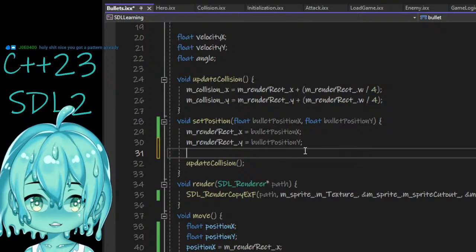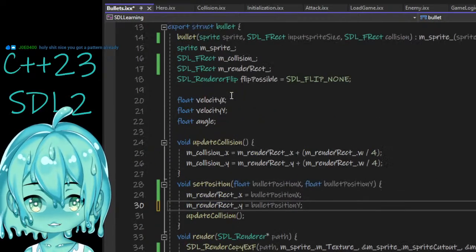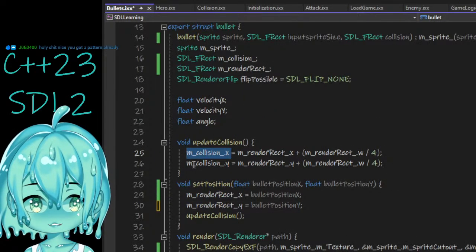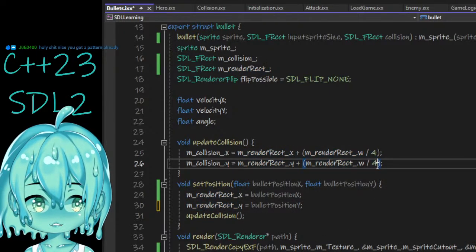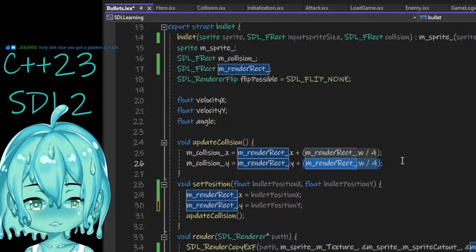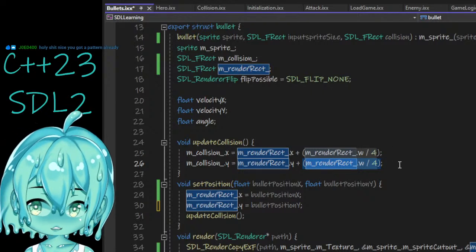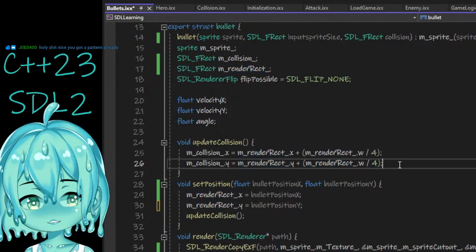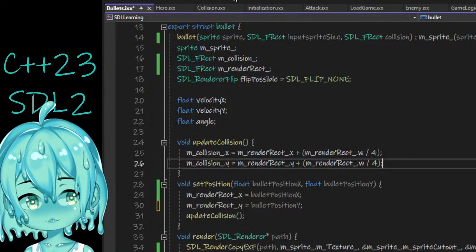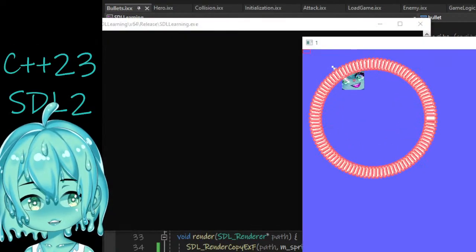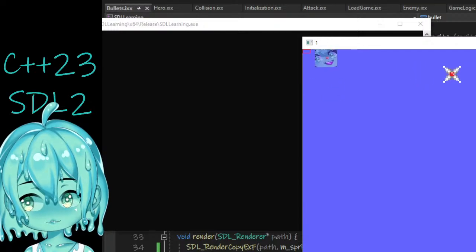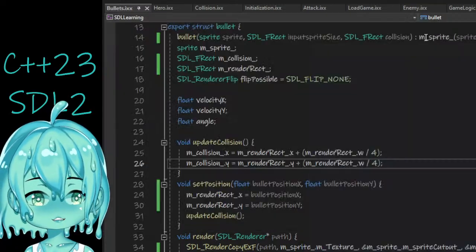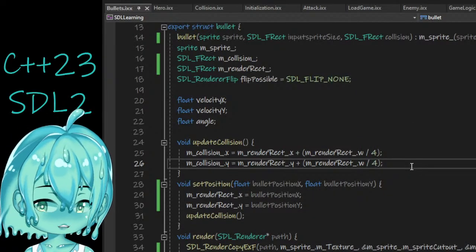And then update collision gets called. It's the same thing. So collision.x is equal to this rectangle plus this. But then it never moves. So if I call all of that and it's on a per bullet instance basis, why does it never move? And it's just stuck in the corner here. Why is that never changing? That should go with the bullet.